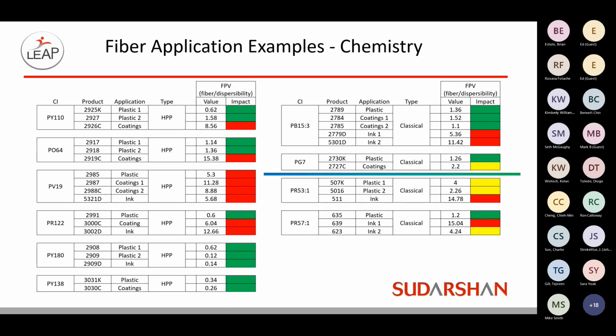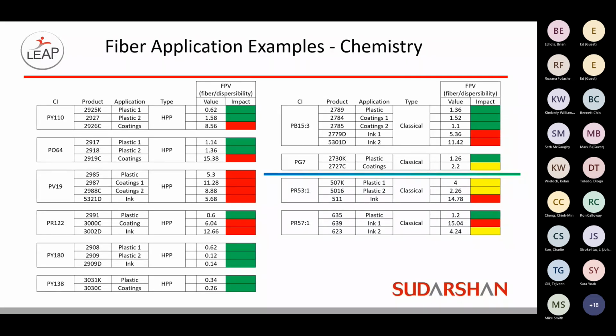Next, of course, going back to that fiber application by chemistry, we return to the FPV value. And as I mentioned earlier, as a chemistry, violet 19s are not an appropriate chemistry for a fiber application, because all of these examples here have a FPV value greater than 2, which is what we use as a general cutoff point for pigments that are appropriate for fiber.